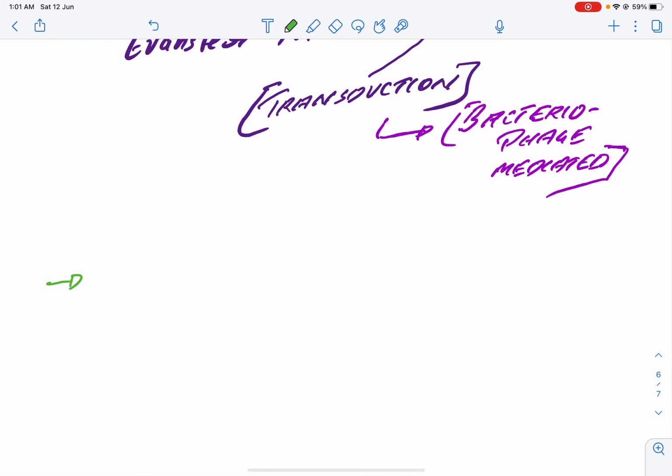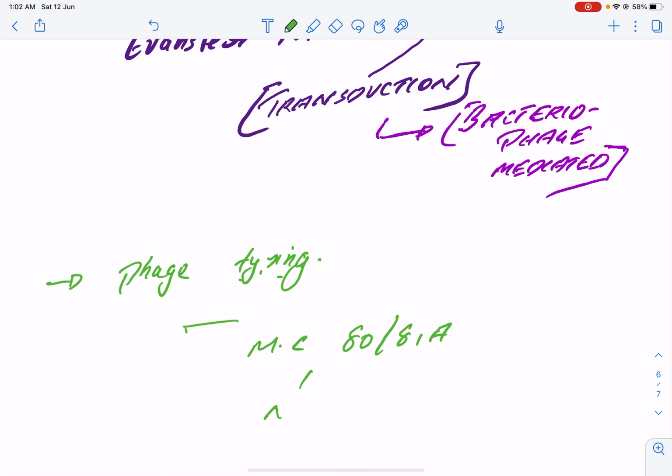Then they do phage typing. Phage typing is done most commonly for types 80 and 81A.